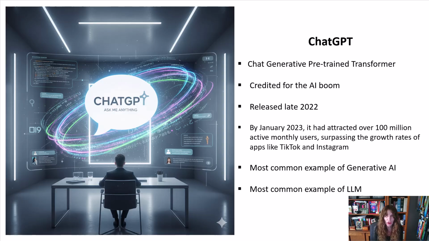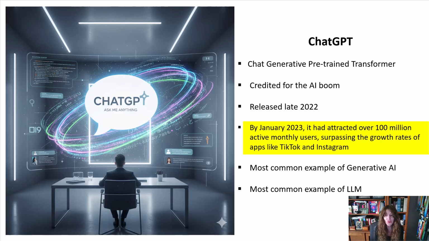ChatGPT is the most common example of a large language model. It stands for Chat Generative Pre-trained Transformer. It is credited for the AI boom, released in late 2022, which is barely 3 years from the date of this recording.